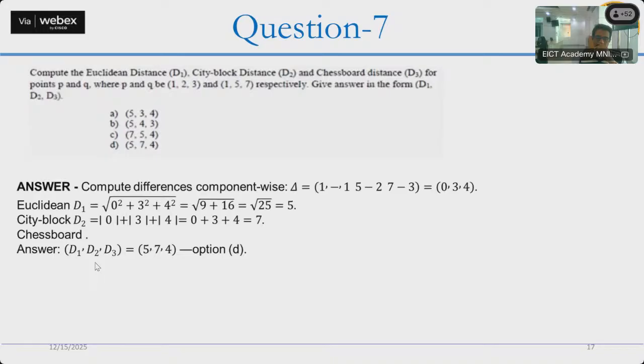What we are saying: see D1, D2, D3. What is D3? The chessboard distance is the maximum value of X, Y, and Z. This is 4 here, so that's why D3 is 4. Is it understood? So this is 5, this is 7, and this is 4.